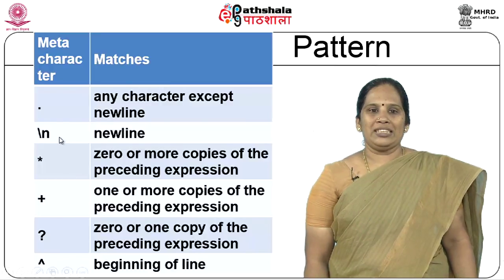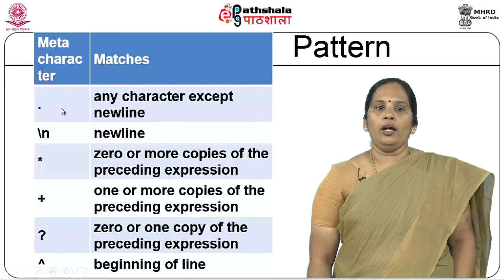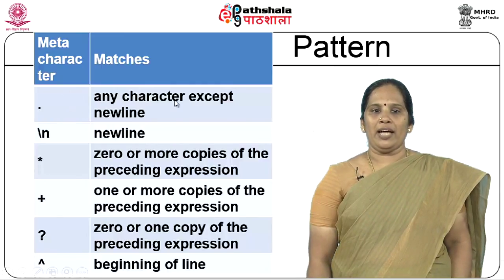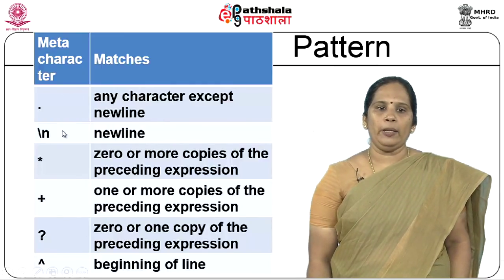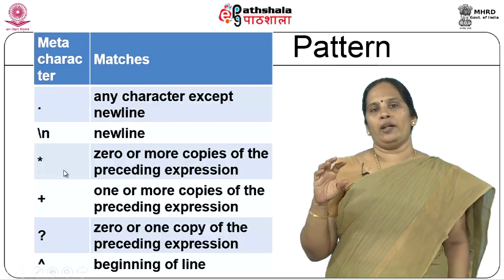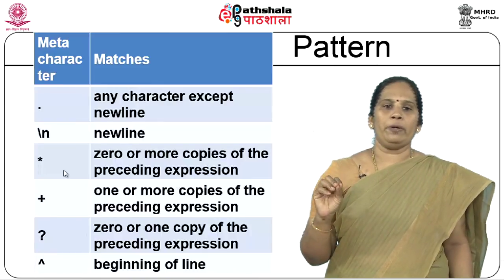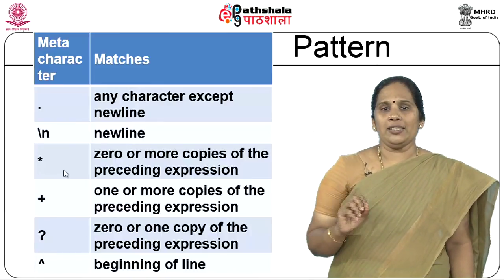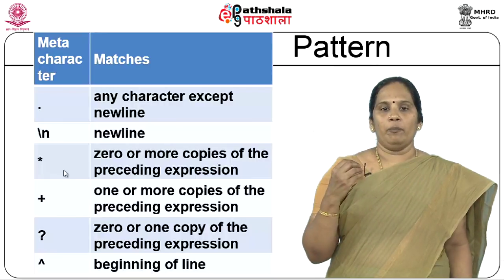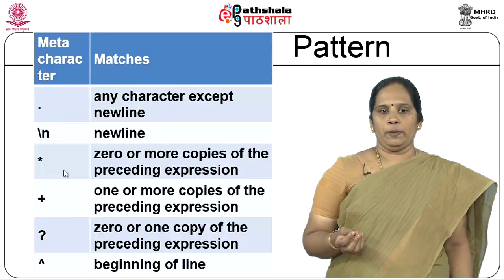Now, \n indicates a new line; this we already know. Dot is a meta character that matches any character except a new line. Star is the same star which we already know, the Kleene closure operator, meaning 0 or more copies of the preceding expression. Plus means the positive closure, which is 1 or more copies of the preceding expression.